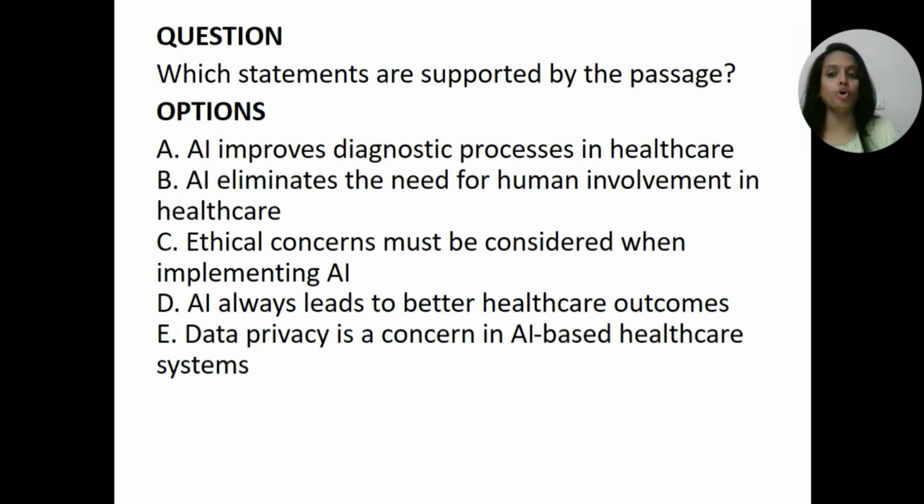The words are just always the extreme words. Don't fall for that. So this is also false. And option E, here the option is clearly mentioned. So true. Now the final answers, the right options are A, C, and E. As I told you here, more than one option would be correct, right? So A, C, and E are the right options.